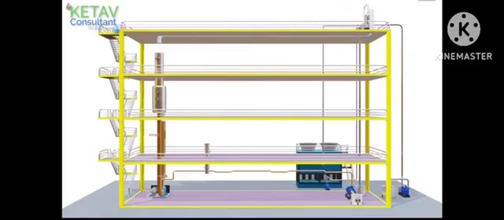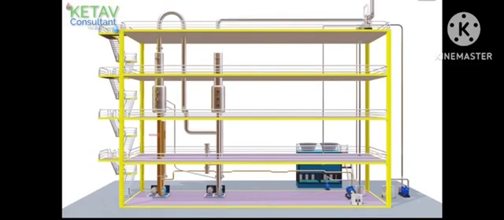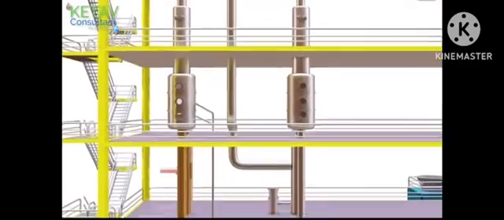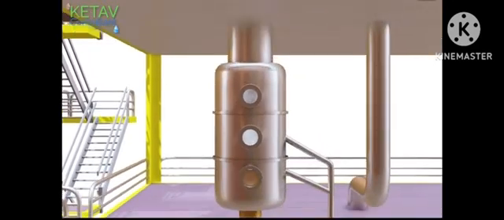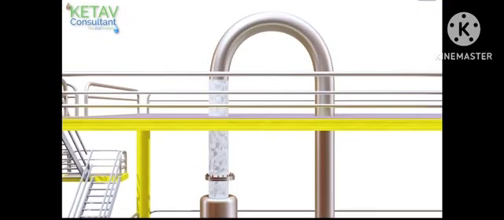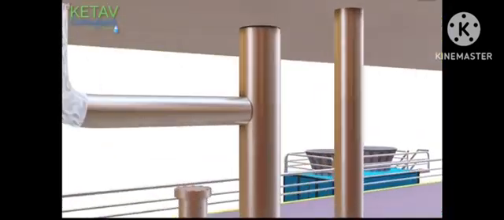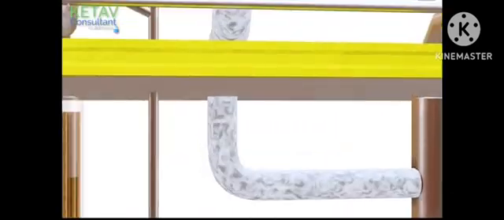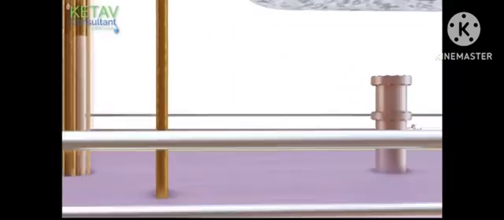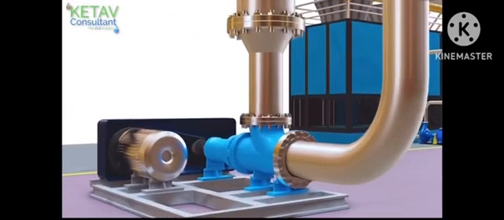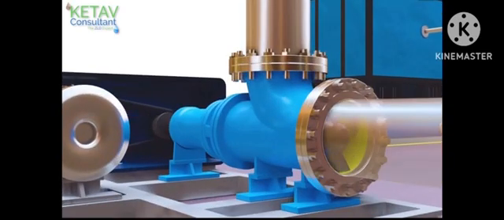Let us now understand the concept of a multi-effect evaporator. Vapor generated in the first effect will pass into the shell side of the second effect and will be used as a heating source. From the overflow line of vapor liquid separator 1, concentrated liquid passes into the recirculation line of calandria 2 for further concentration.